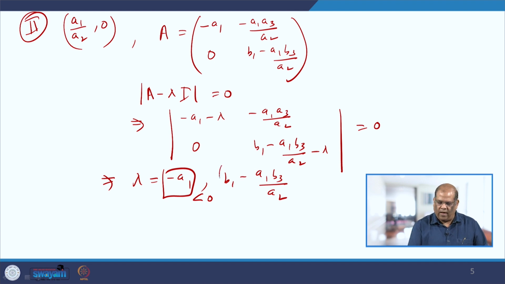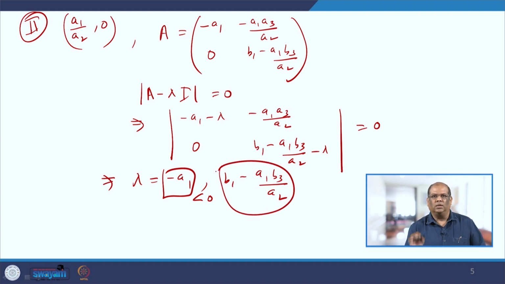Now, for your second value, if you want the system to be stable, then this has to be less than 0. So, you get a condition from here that if you want the system where the first species exists, where the second species goes to 0, then b1 minus a1 b3 divided by a2 must be less than 0.